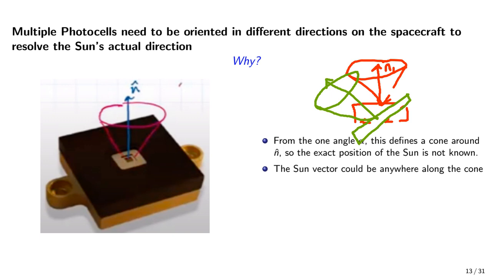My question now is, with these two photocells, your cones will intersect in how many lines? You have two cones. You have the red cone and you have the green cone. It's an obvious answer. You may think about it, but it's obvious from this diagram.